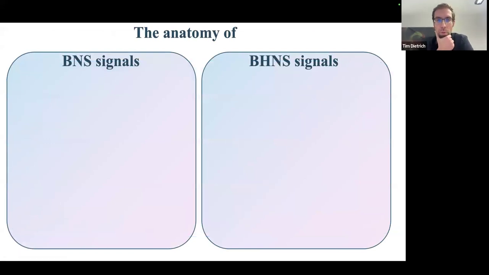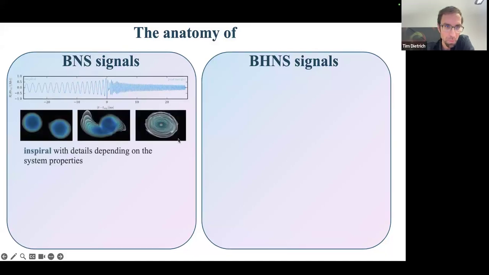And first, I want to look at the anatomy of binary neutron star as well as black hole neutron star signals, putting them in respect to the black hole systems, which have been studied, I would say, in more detail than both binary neutron stars and black hole neutron stars, and just to show what is the difference and where do we have to be careful when modeling these kind of systems.